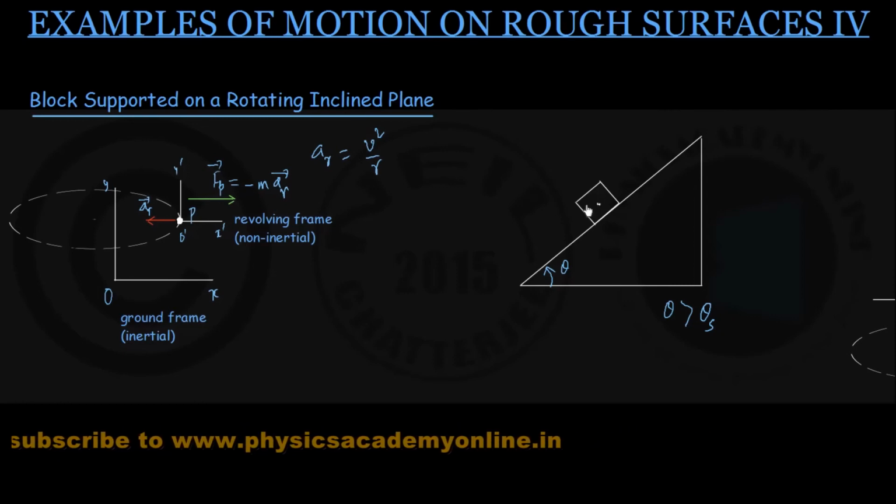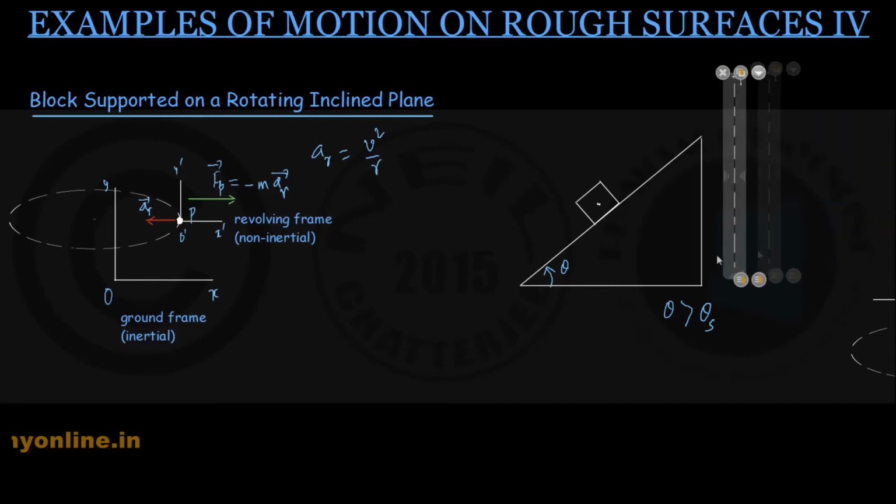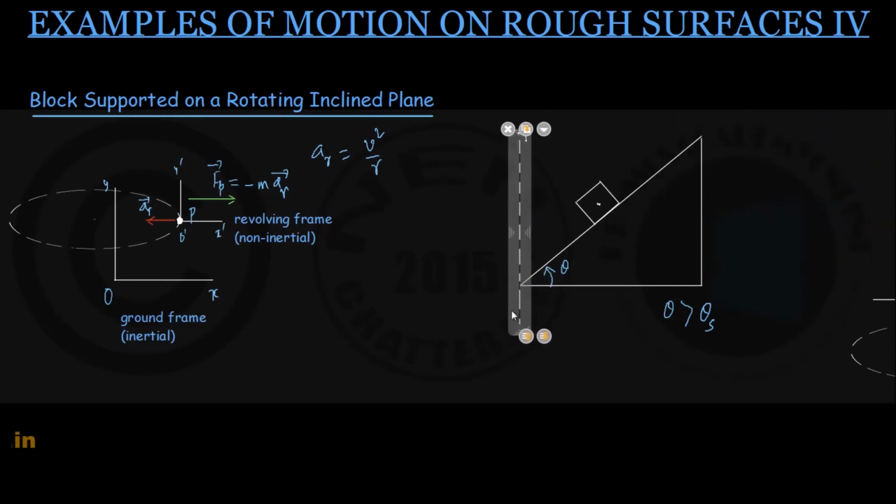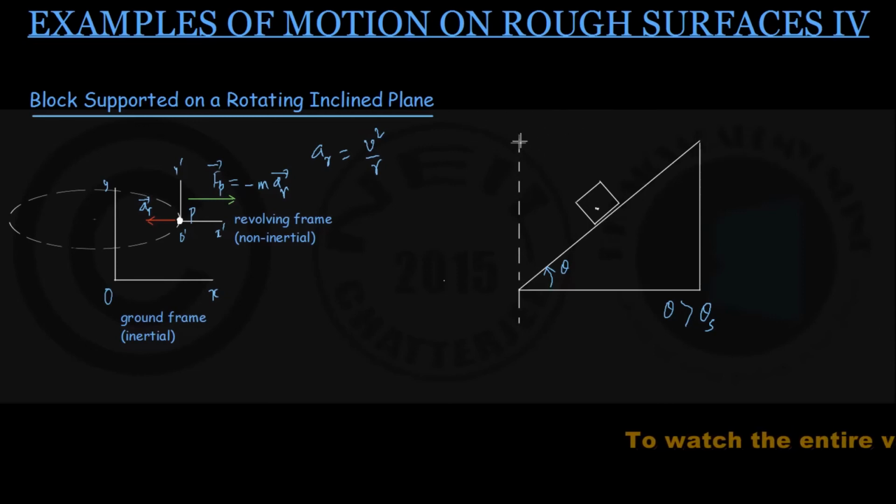But now we shall consider another possibility where this inclined plane is made to rotate about the vertical axis of rotation that you can see here. As the plane rotates about this axis, the block will be moving in a circular path, and let me show you this circle.